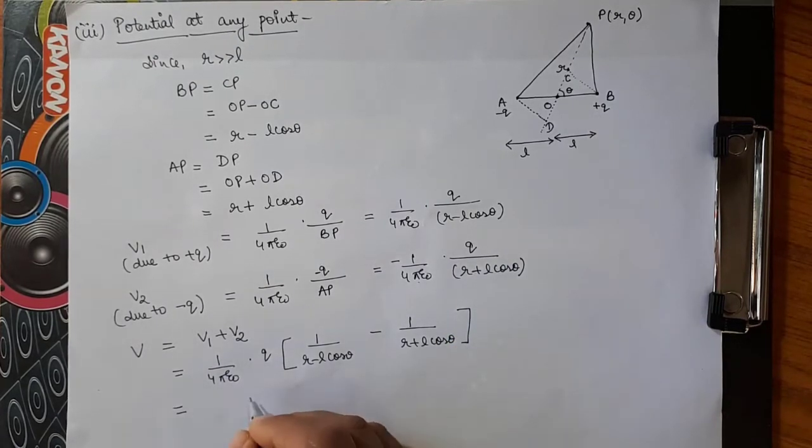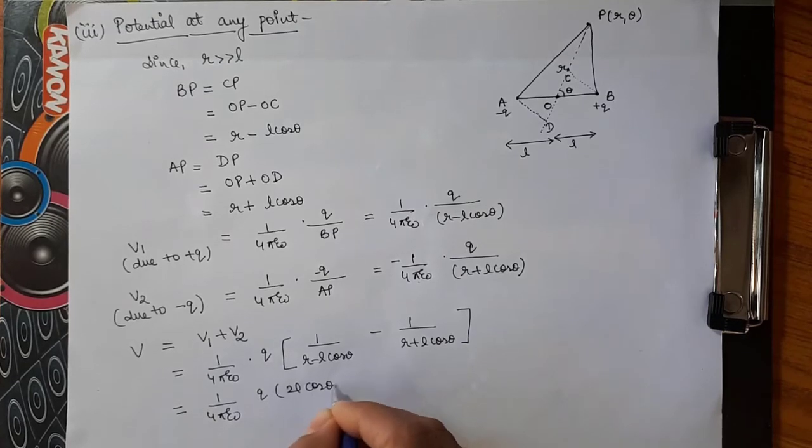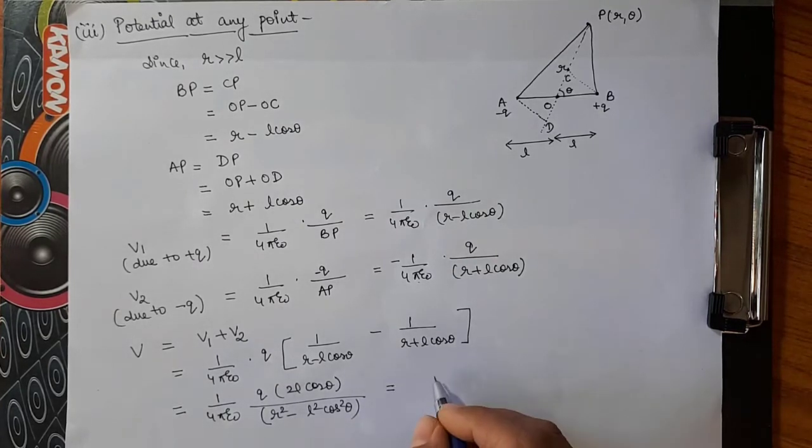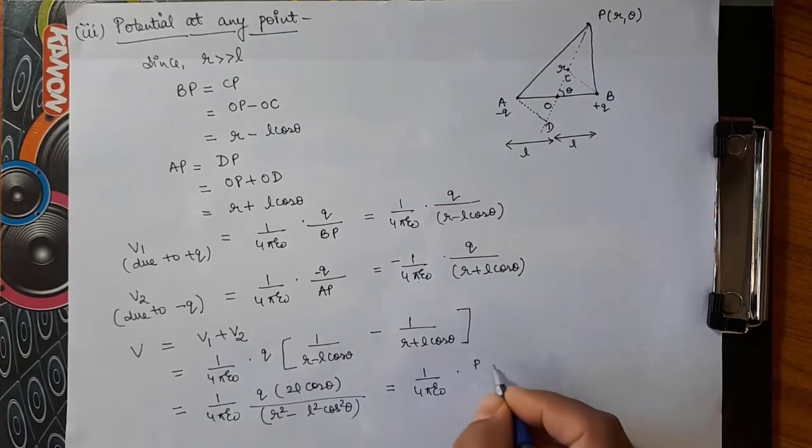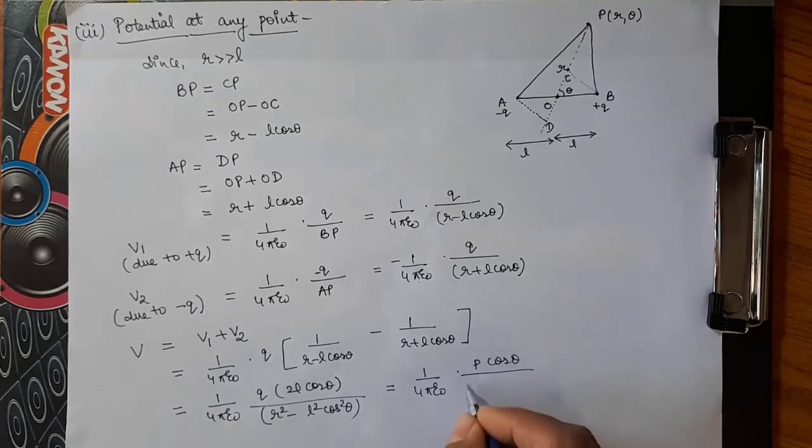If we further simplify it, we will get 2L cos theta in the numerator, and in the denominator it will become r square minus L square cos square theta. If we look carefully, q into 2L is nothing but electric dipole moment. So we can write it as p cos theta upon r square minus L square cos square theta.